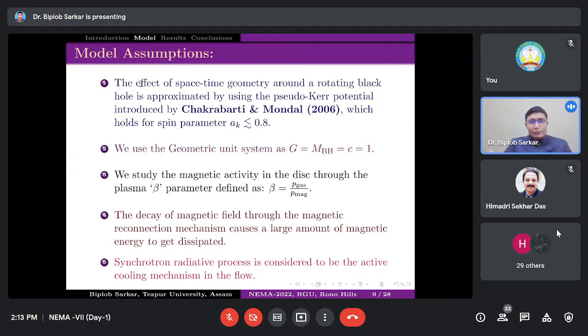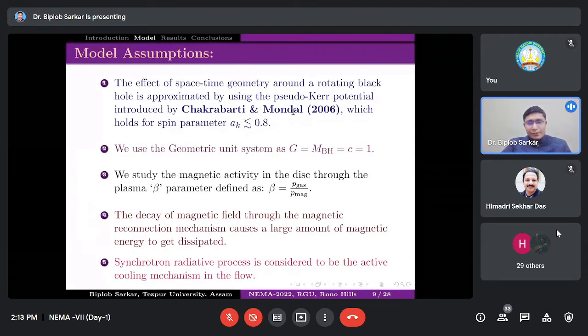Since we are dealing with rotating black holes, to take into account the effect of space-time geometry around a rotating black hole, we make use of the pseudo-Kerr potential introduced by Chakrabarti and Mondal 2006. The use of a pseudo-Kerr potential helps us to avoid the general relativistic treatment while providing results which are close to the general relativistic treatment within some limits.